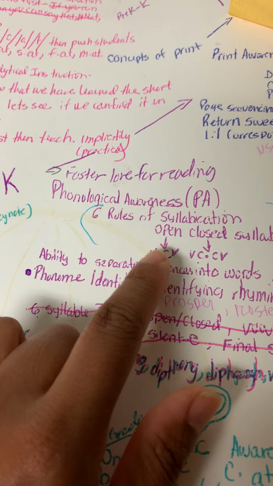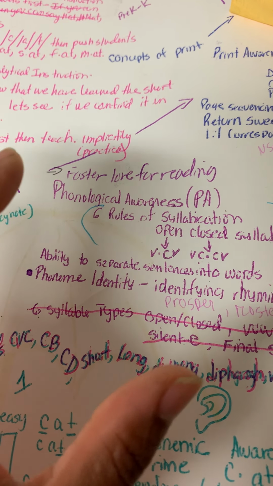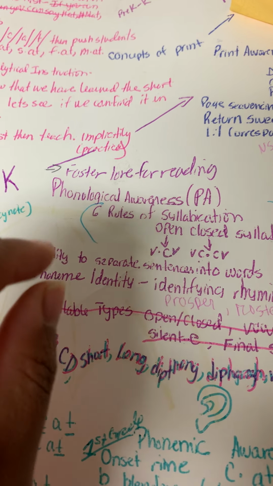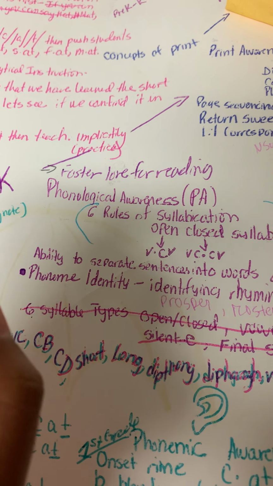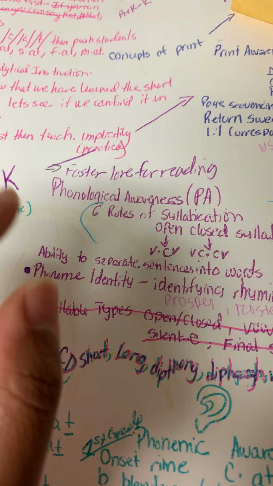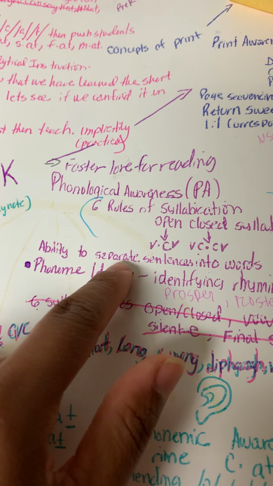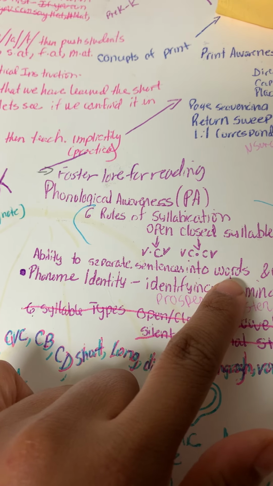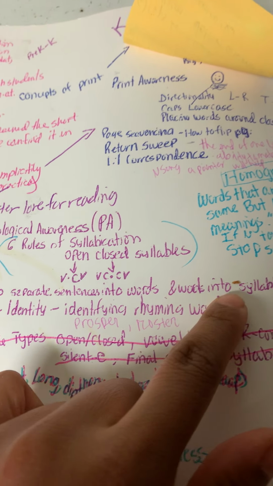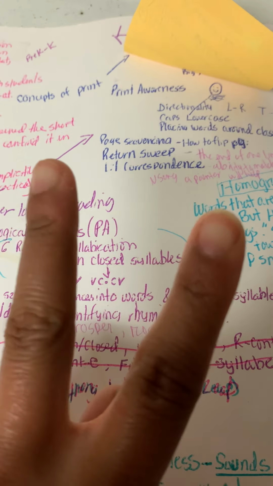So, the most important thing of phonological awareness is what I am going to explain to you right now. If you do not understand it, do not even move on. Phonological awareness is the ability to separate sentences into words and words into syllables. So it's 2 of them.